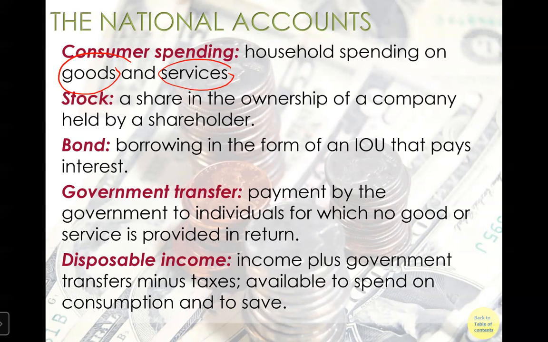But service, what is service? Usually it is intangible. Just to give you an example, the lecture I'm giving, that's a service, right? If you do some volunteer work, that's a service. Consumer spending is what households, or typical American households, spend on goods and service, right?